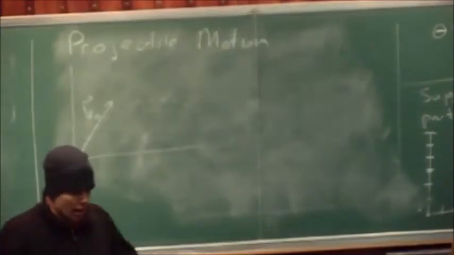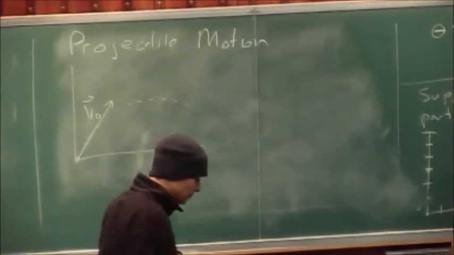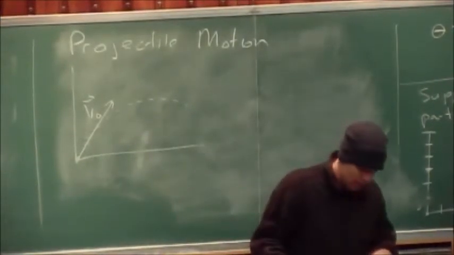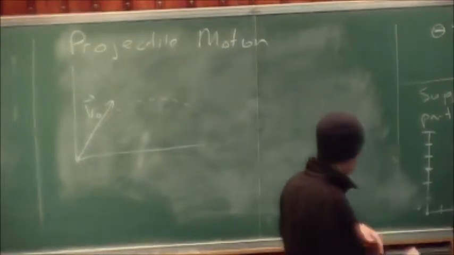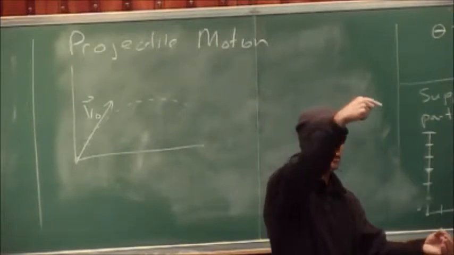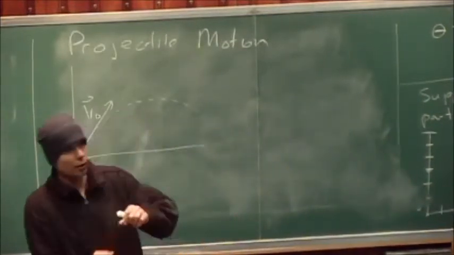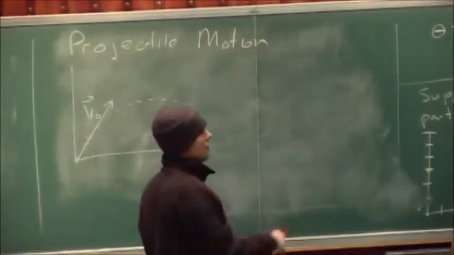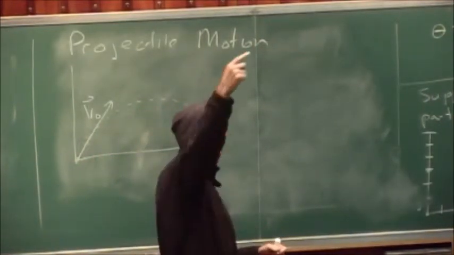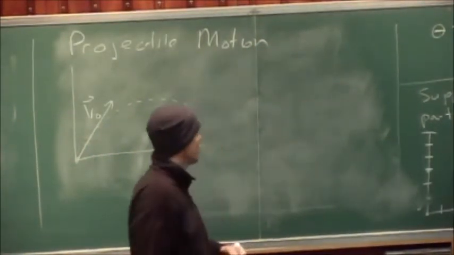And so, obviously, due to this uniform gravitational field, it's just going to undergo what we call a parabolic trajectory. So if I launch something, if I throw some object, then I want to look at the projectile motion of that object.